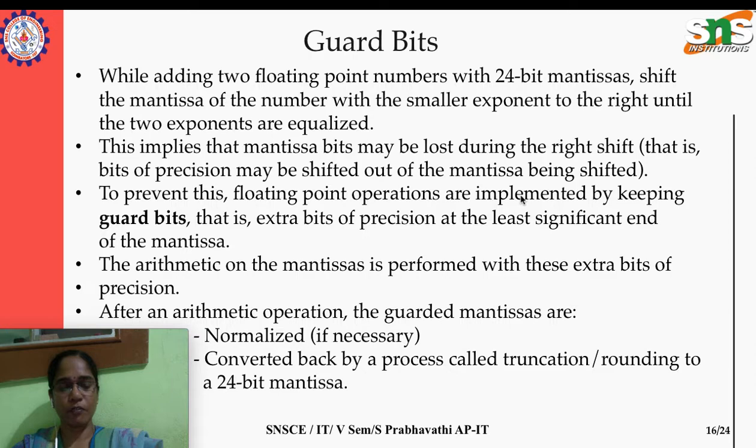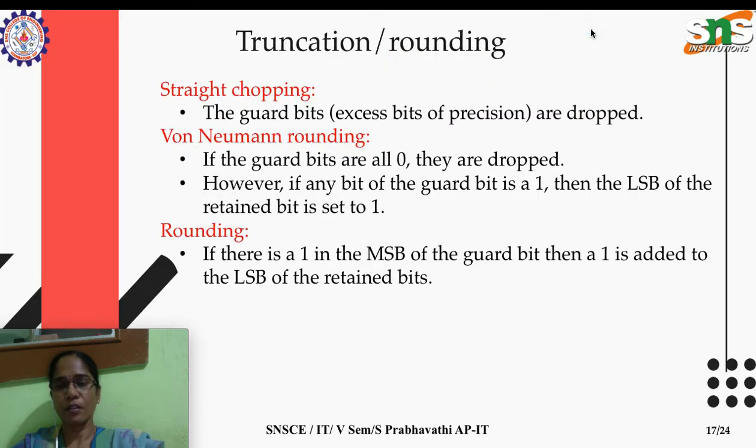Before going for actual circuit design for floating point, there are some things we need to consider. One is the guard bits. What are guard bits? While adding two floating point numbers with a 24-bit mantissa, 24-bit means we are talking about single precision.